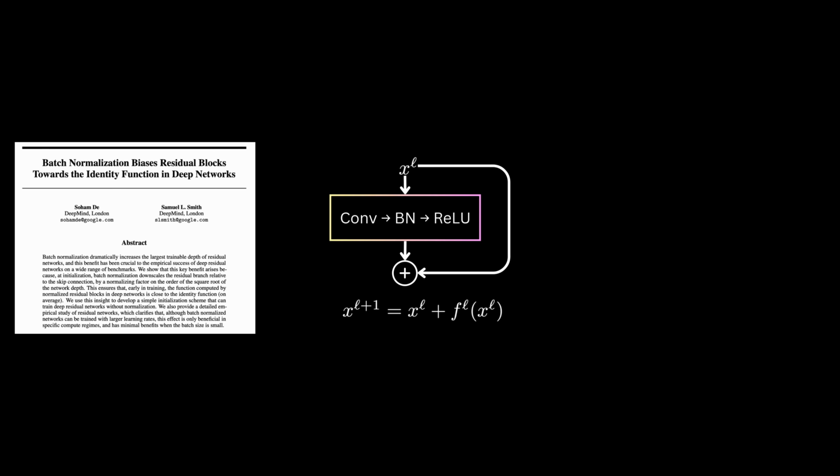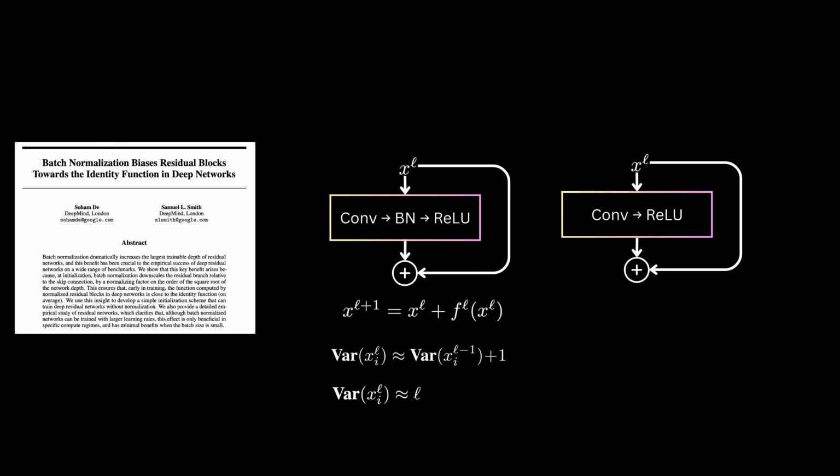Since batch norm will normalize the pre-activations to have variance of 1 and scale and shift parameters are initialized as 1 and 0, using this, the authors show that the variance of the input to the L plus 1th residual block would be the variance of input to the Lth residual block plus 1, which means the variance of input increases linearly as we go deeper in the residual network.